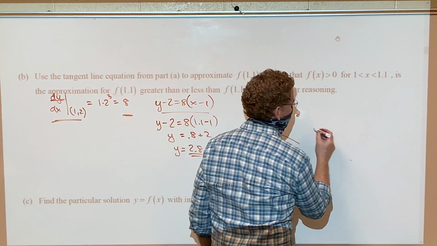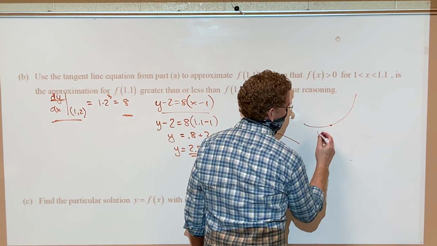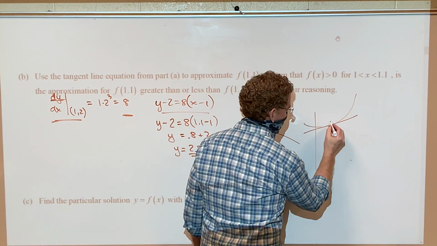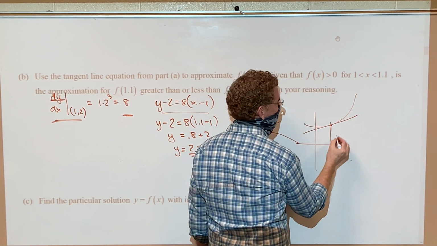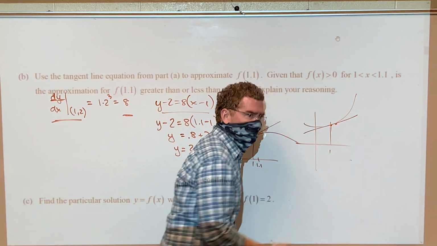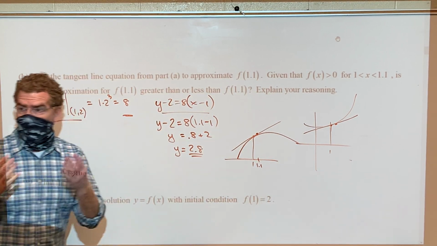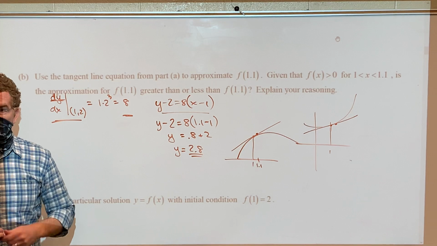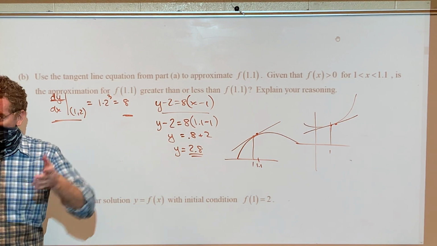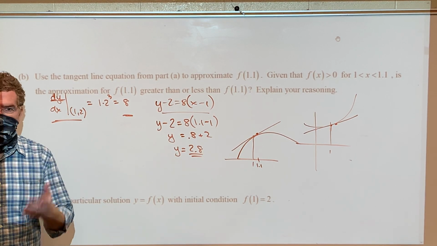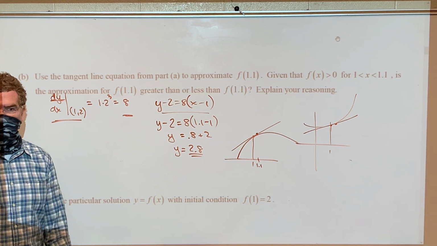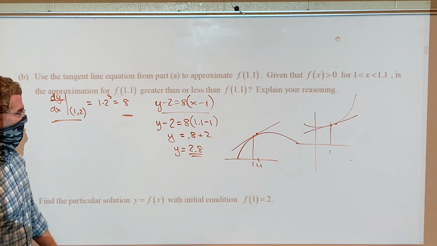But if the curve would have been concave up right there at 1, then my 1.1 would have been an under approximation of what actually would have occurred. So what I need to know is, what was the curve doing at 1.1? Was it concave up or concave down? And I can tell that from the second derivative equation.